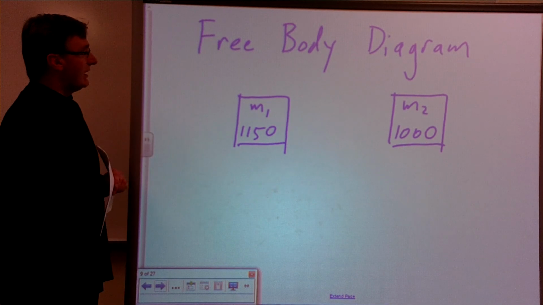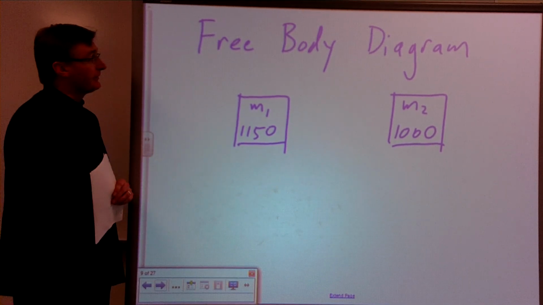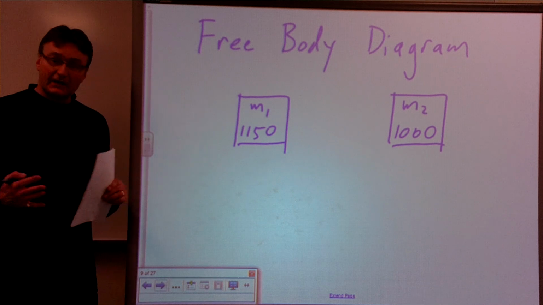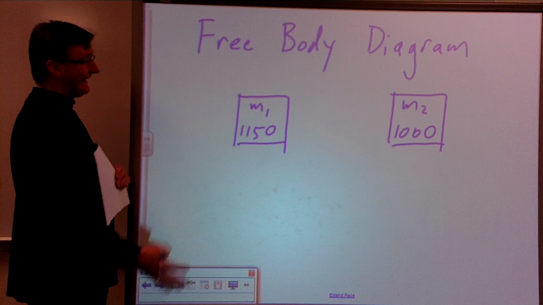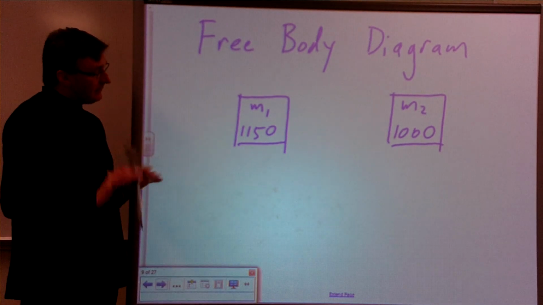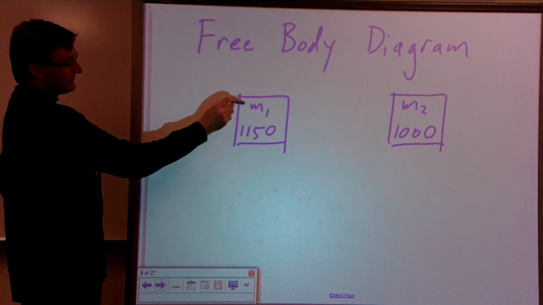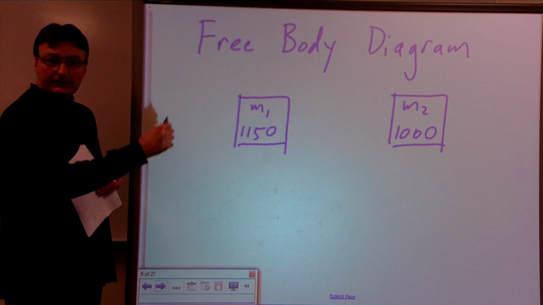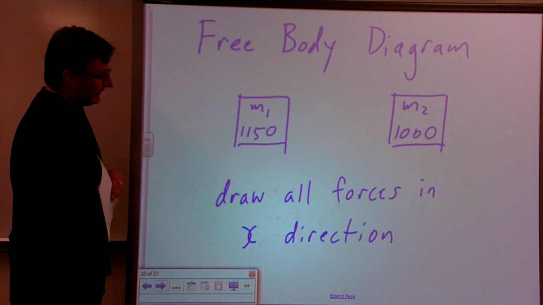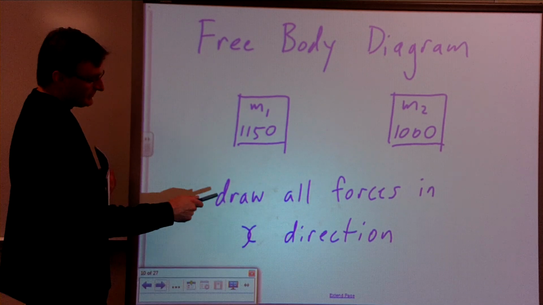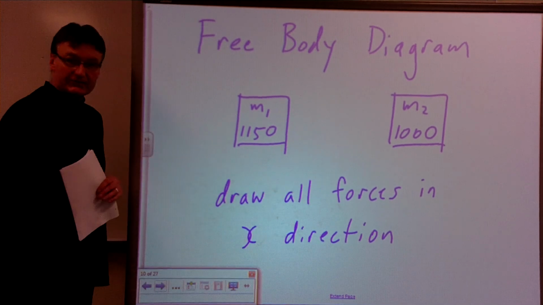So the place to start, once again, is with the free body diagram, and you will be hearing that refrain throughout the year, so you're hearing it here again. Now, like what we did last time, there's a trick in drawing the free body diagram which is going to make it a whole lot easier for you. We're going to draw all the forces in the x direction.